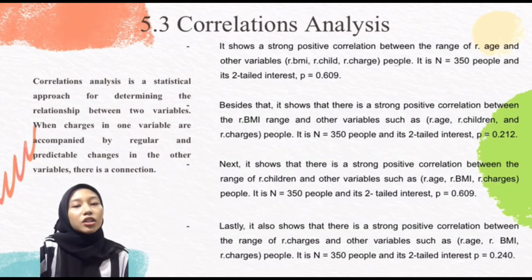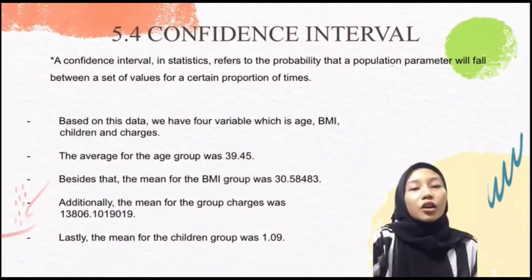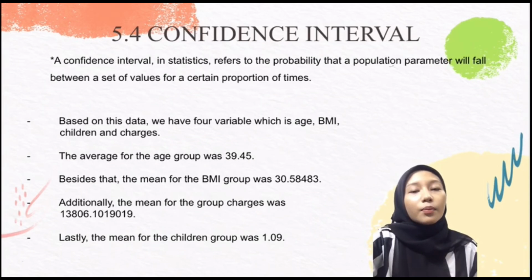Lastly, it also shows that there is a strong positive correlation between charges and other variables such as age, BMI, and children. It is N 350 people and its total P 0.240.